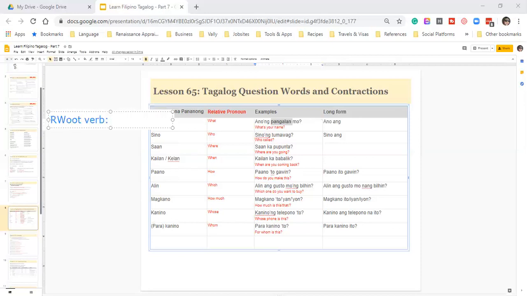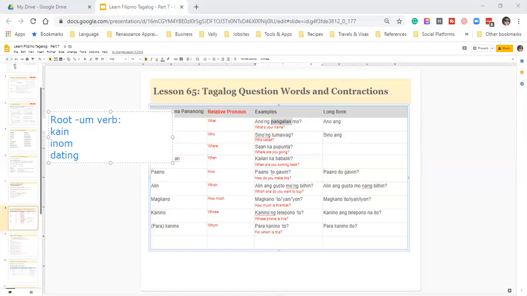So for example, kain. We're going to use the same words: kain, inom, and dating. Because this is a question, you are going to use the past tense, like who called. So you're going to form kain in past tense. So, kumain.